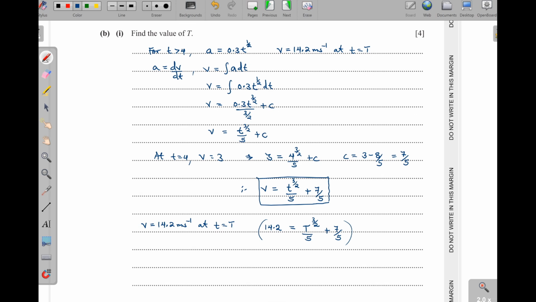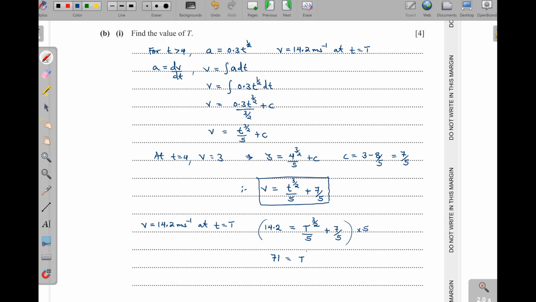So I can multiply all through by 5. What is 14.2 times 5? 14 times 5 is 70. 0.2 times 5 is 1. So that means this will give me 71.